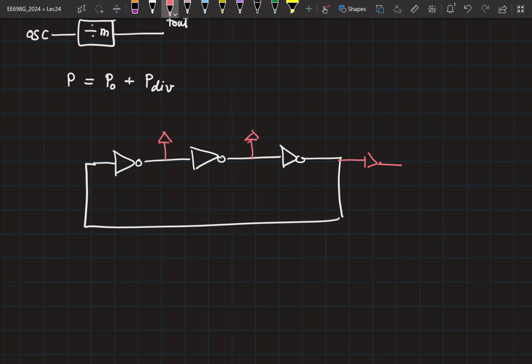But the moment you lay it out like this, you can clearly see the routing length here is going to be smaller than the routing length here, which means the routing resistance and the routing capacitance is going to change the load seen by these inverters. Any recommendation on how we should lay this out such that the routing parasitics are also identical?